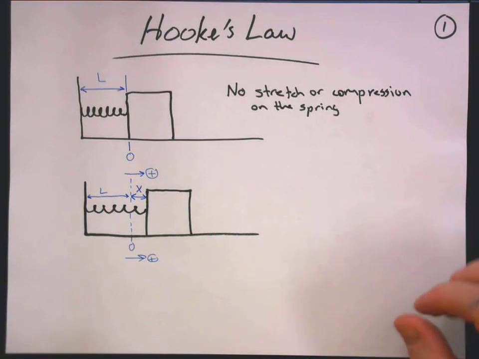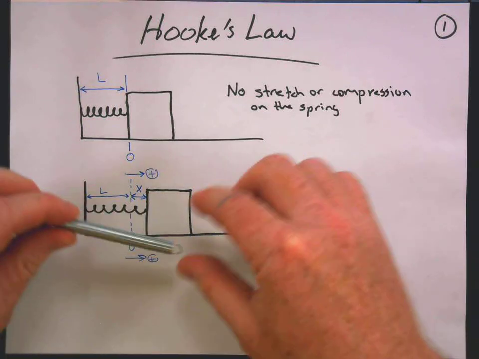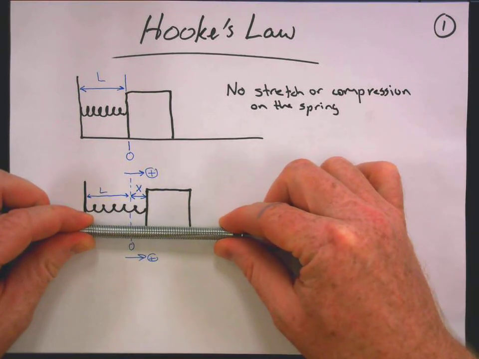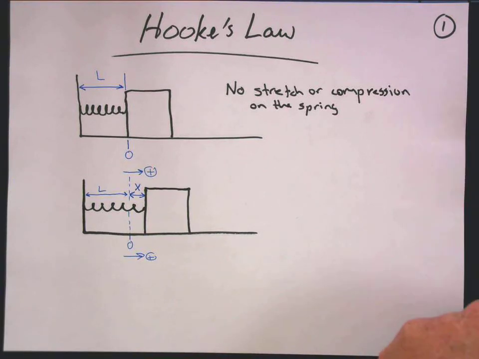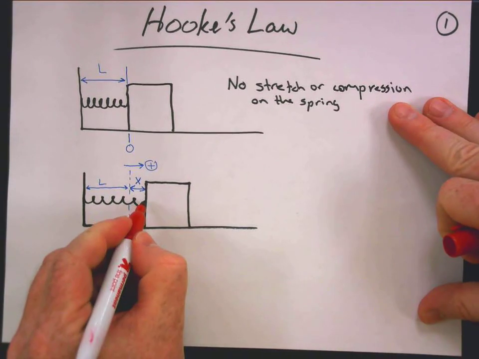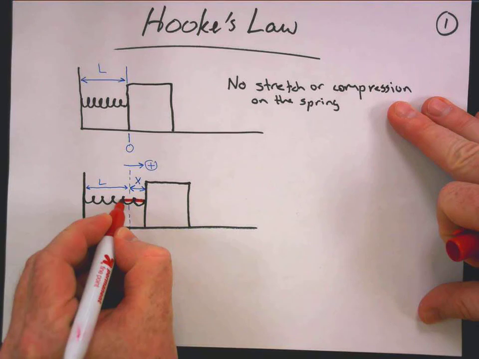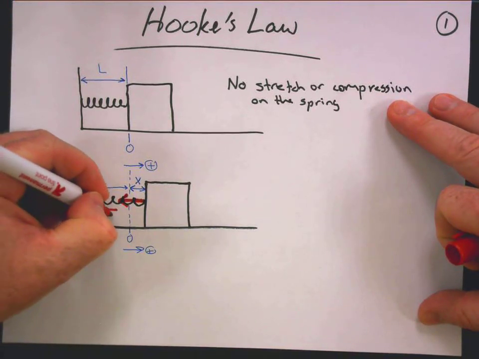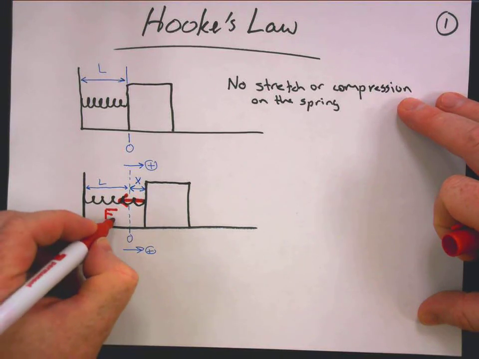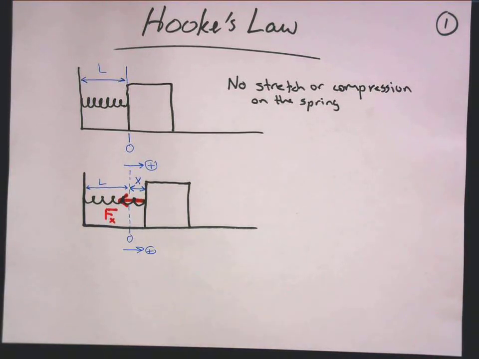Okay, well, what's going on? What's the spring going to want to do in that instance? We've taken this and we've pulled it to the right. The spring wants to pull back. Yeah? So there is a force exerted by the spring. I'm going to move my label down here. There's a force in the x direction caused by the spring wanting to return.